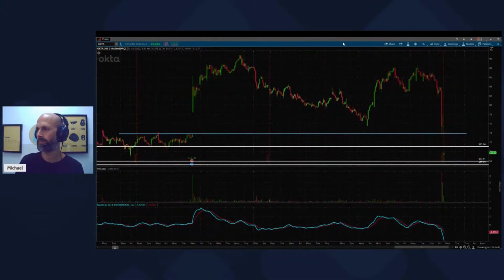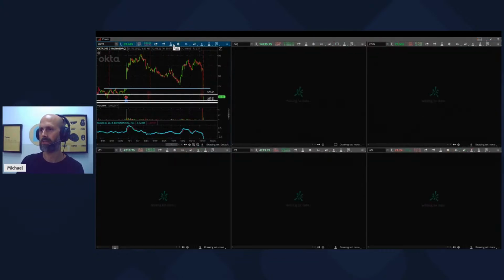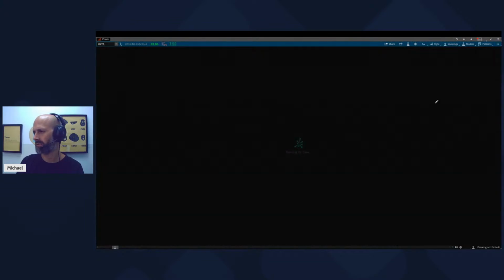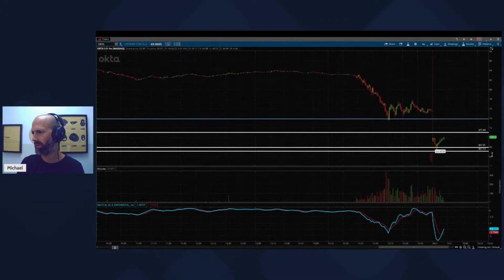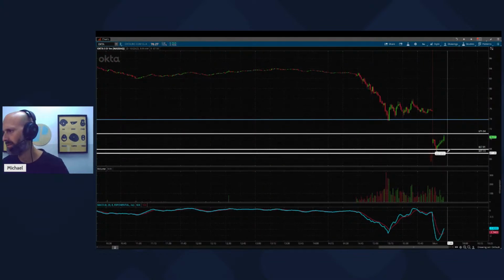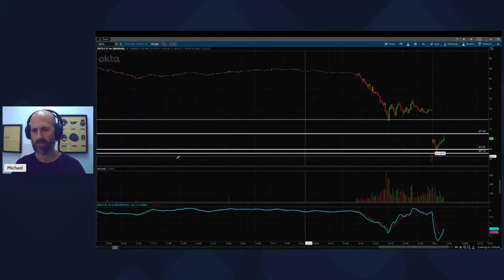Okay, so in that case, if we break the 70, basically 78, if we break that, then we have like 70 or 80 cents to drop. Let's see how it holds the 71 here.